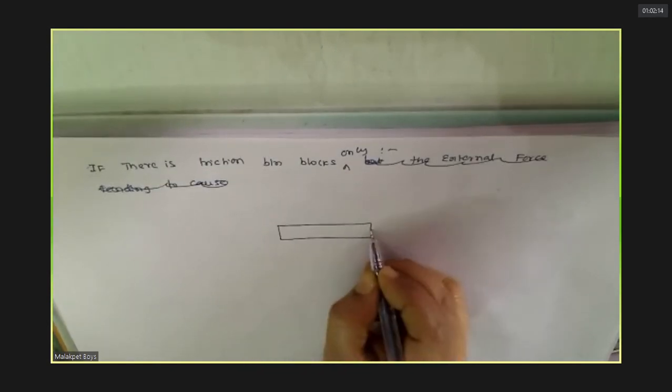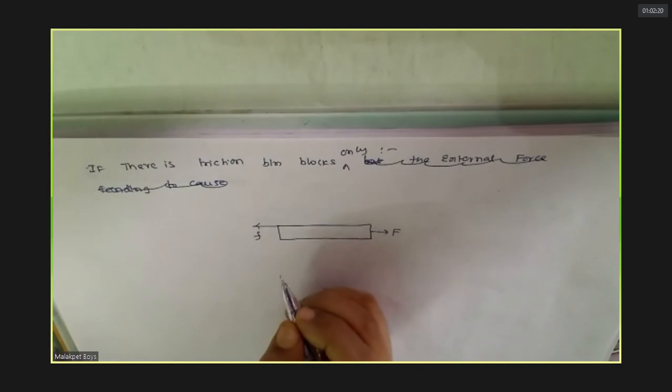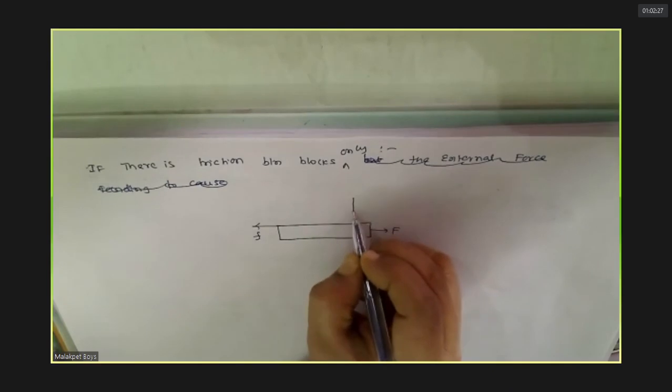Then let us analyze what will happen. This is F, this is the force of friction. Do you agree with this? Yes, sir. And this is the block M.